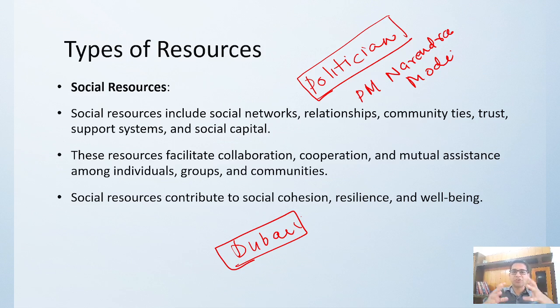Because of his collaboration, cooperation and mutual assistance, we are able to see a lot of India's supporting things outside the world. This is called social resources. All these are resources, whether social, natural, infrastructure, or technological. All these are resources which are utilized to do something for us.